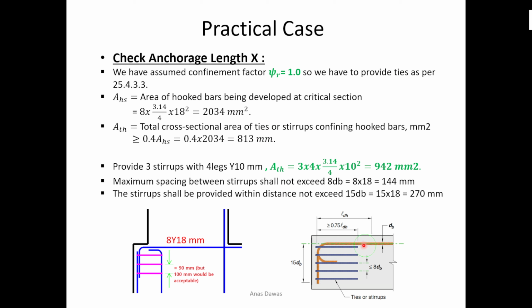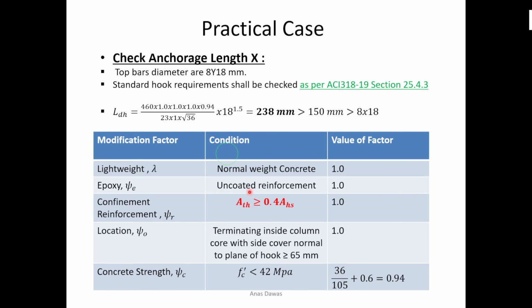Before, we discussed what I mean by ldh. This is the ldh, the horizontal distance for the bars that should be developed inside the supporting elements. So I need here 238, with a minimum value of 150 millimeter, and also a minimum value of 8 multiplied by the diameter. Anyway, here the ldh will be 238.